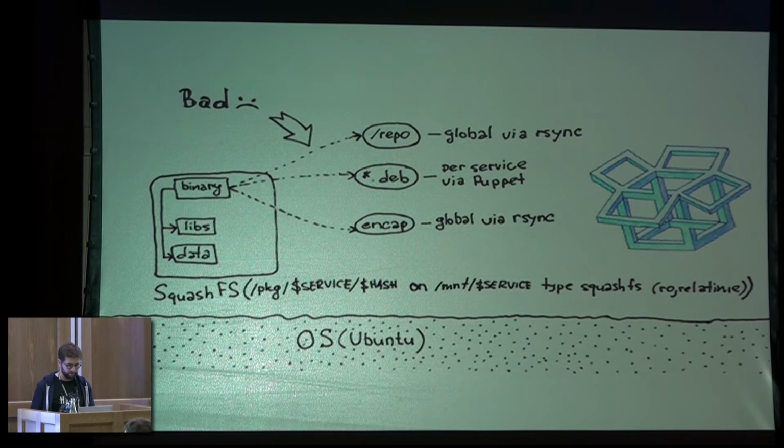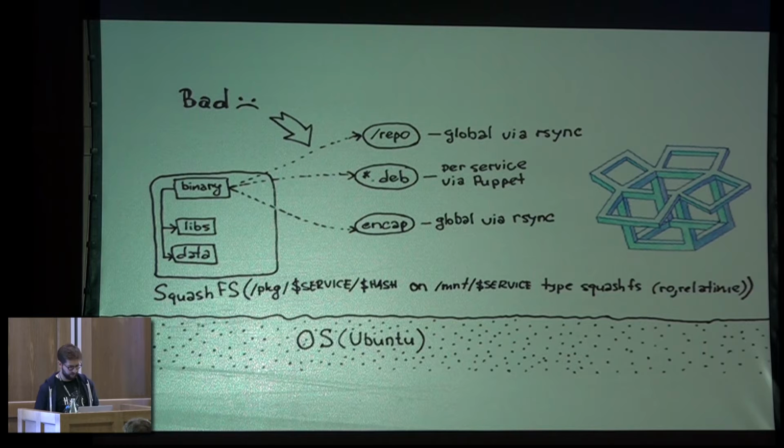Then every machine in our production has a copy of the whole repo, so your Python code might import something that resides in that /repo global repository on the machine. Another thing we use is a package system called Encap. It's a package system from the 90s. It's ad hoc: basically, your compiled binaries are delivered to your production fleet via rsync. Also, the repo is delivered via rsync.